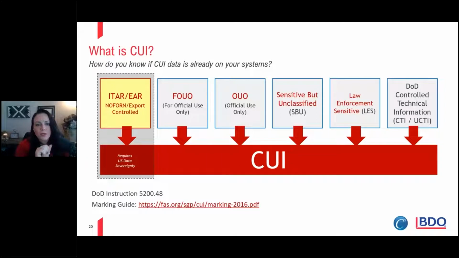Notice that I also have export controlled data in its own little rectangle. While it is considered CUI, again, there's a high watermark here that requires US data sovereignty. So how does this play into cybersecurity? Well, your servers must be on US soil. That includes your cloud service providers. So when you are working with Microsoft solutioning, you have to go to the Microsoft federal government side of their solutions and products.